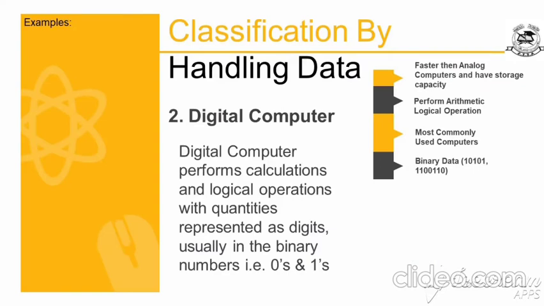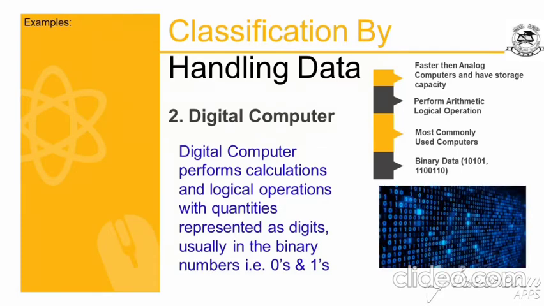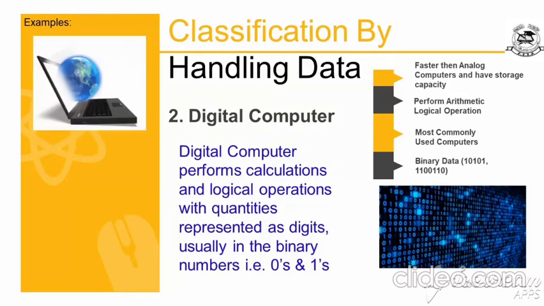The other type of computer in this category is the digital computer. The digital computer performs calculations and logical operations with quantities represented as digits, usually in binary numbers, that is zeros and ones. They are the most commonly used computer these days, like laptops and desktop computers.